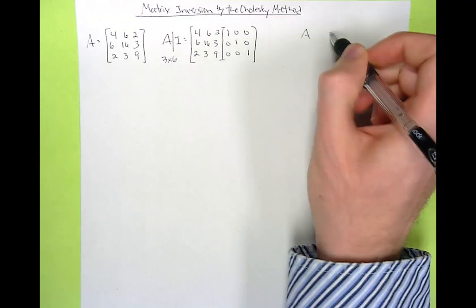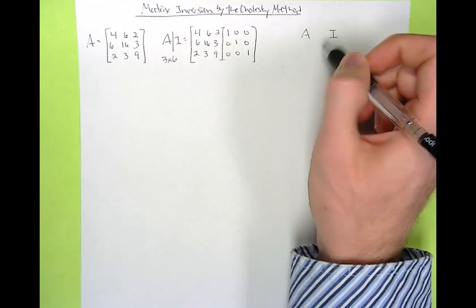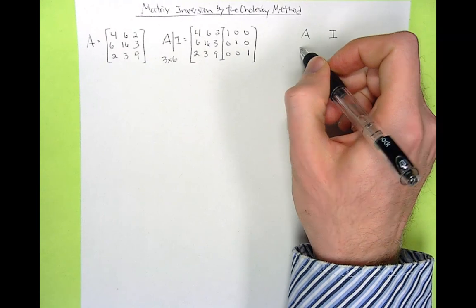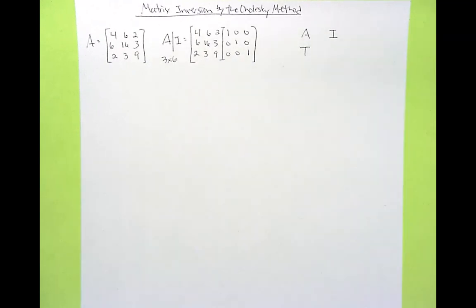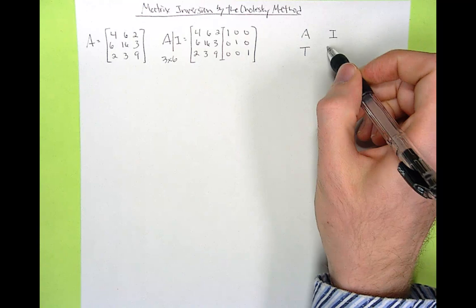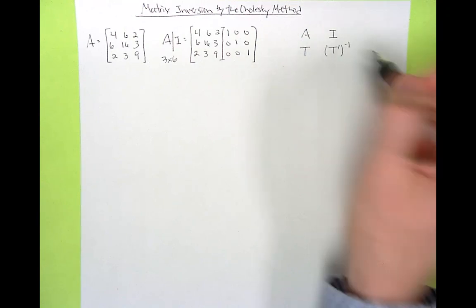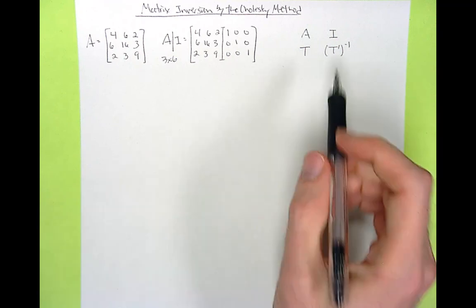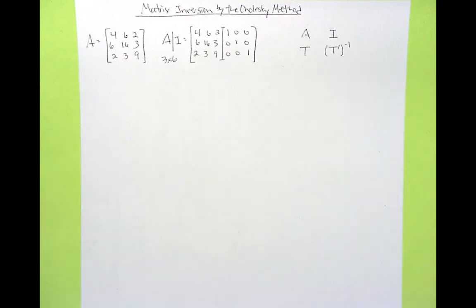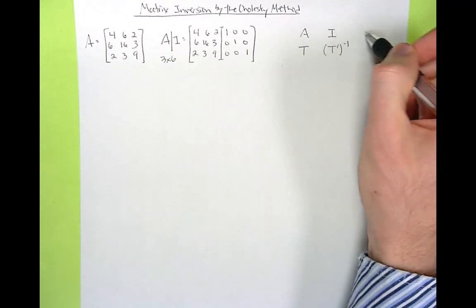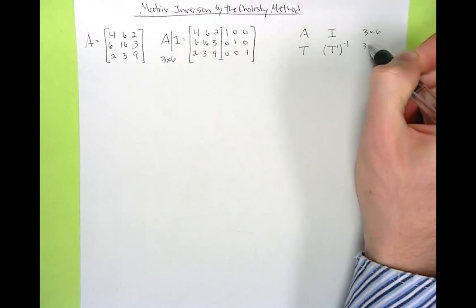We've got A, I, these are adjoined, and then we're going to have our triangular matrix here, and the inverse of a transpose, a triangular matrix, and these two are also adjoined. And both will be 3 by 6 matrices.